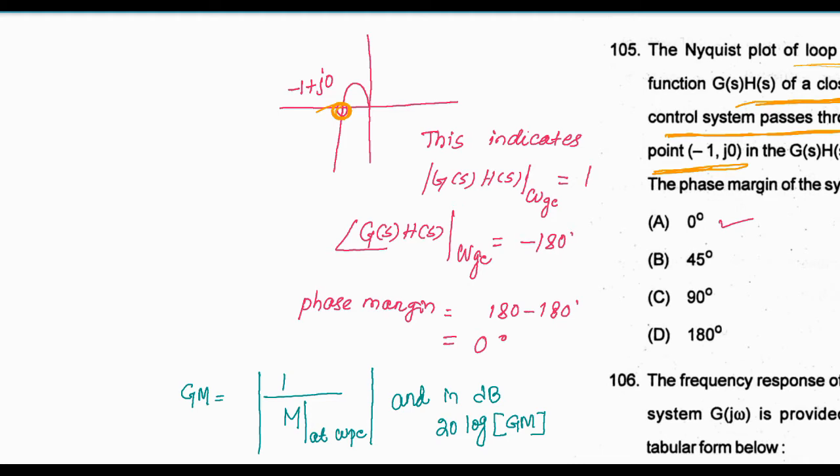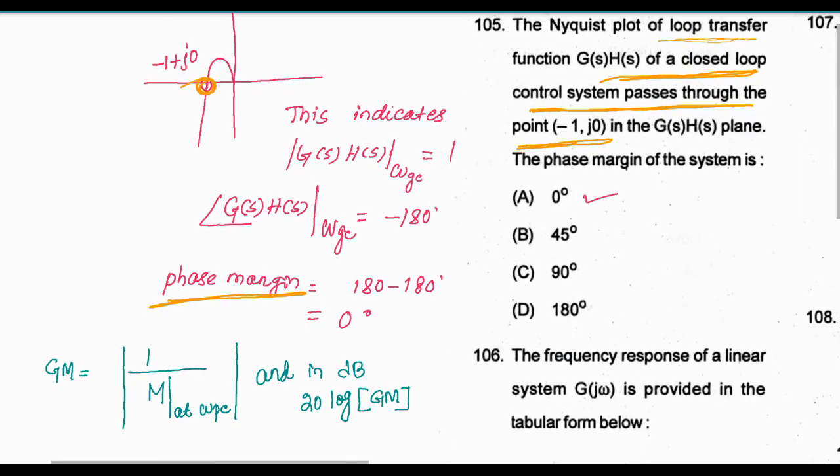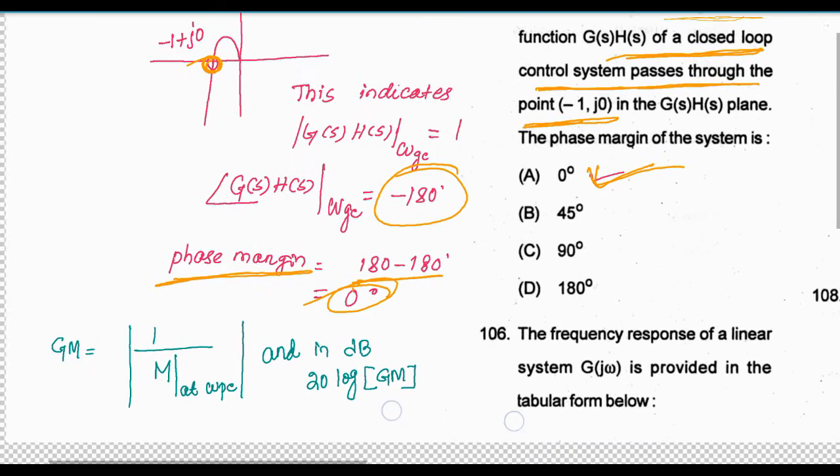Phase margin is 180 minus the angle at the gain crossover frequency. This angle is minus 180, so it is 180 minus 180, which is equal to 0. So the phase margin of this system will be 0 degrees.